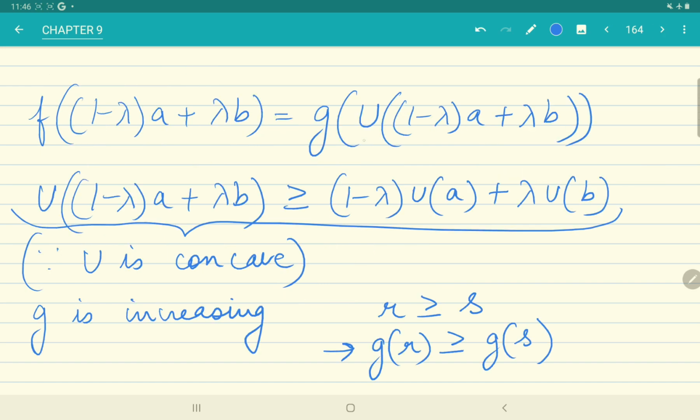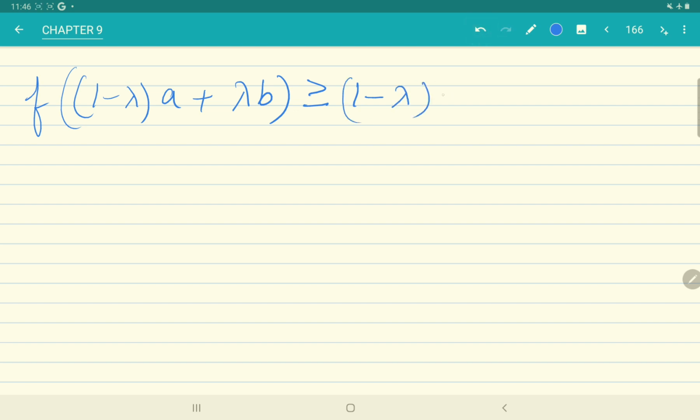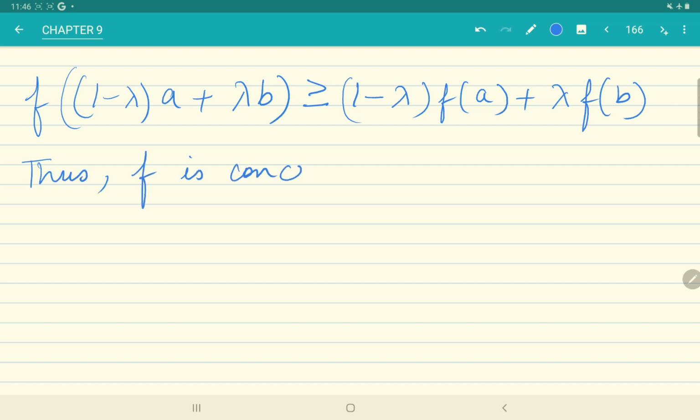So I can now have f of 1 minus lambda a plus lambda b greater than or equal to 1 minus lambda f of a plus lambda f of b. And that just proves, therefore, thus, f is concave.